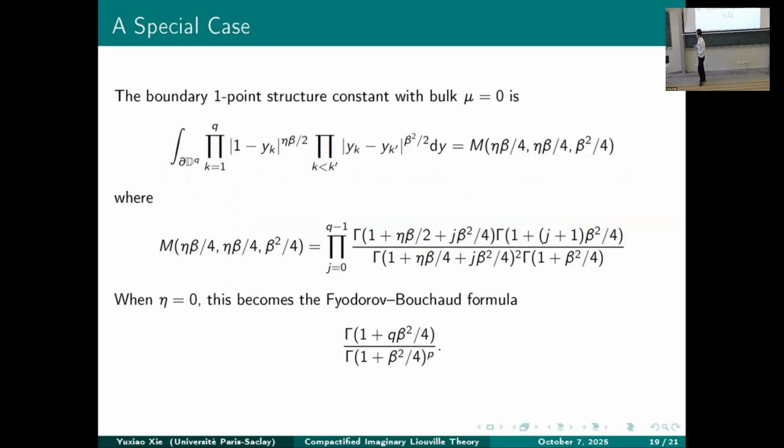As I said, in the boundary case, you can put potentials either on the boundary or in the interior, or both. If there is no potential in the interior, the integral has a very simple form, which you can compute explicitly. But we do not know all of the structure constants for the boundary CFT.